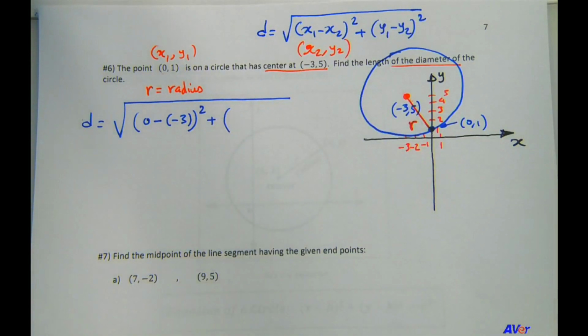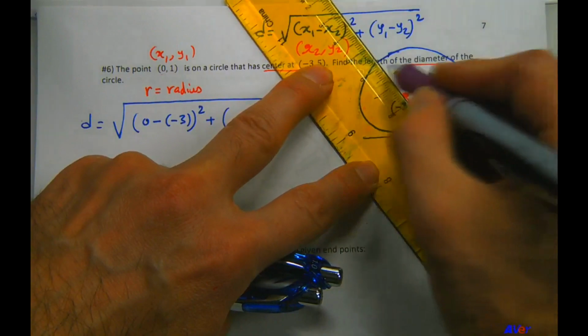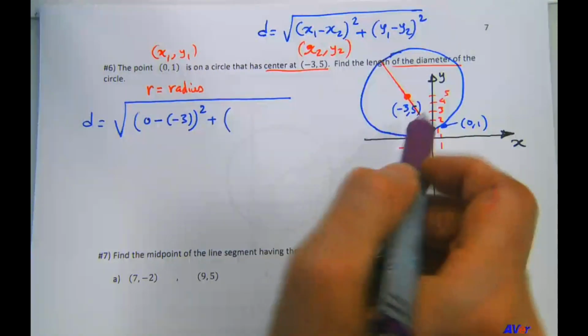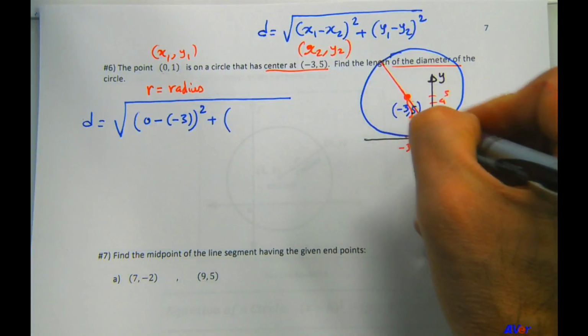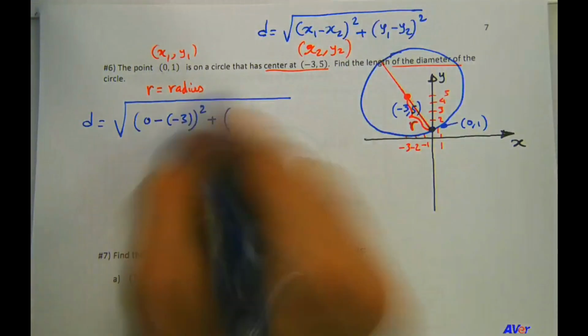The diameter of the circle is this whole thing. So let's find R and then double it.